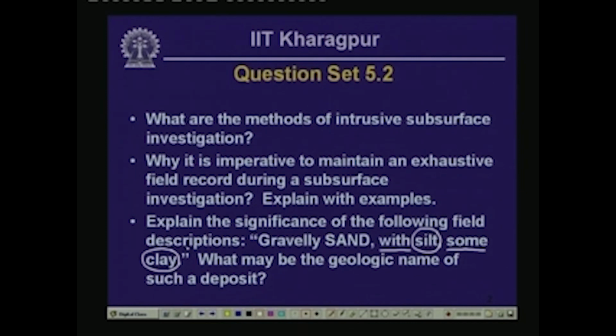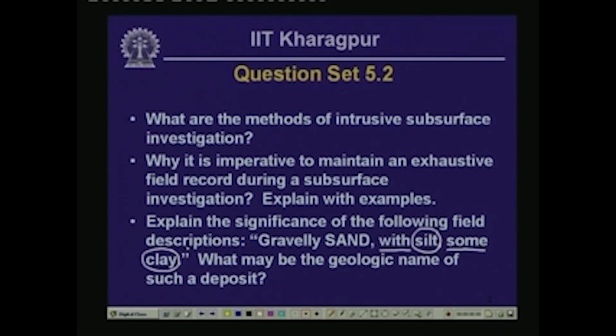So this particular soil has almost a majority of gravel and sand. It is composed for the main part of gravel size particles and sand size particles, and it has 20 to 30% of silt and 12 to 20% of clay.